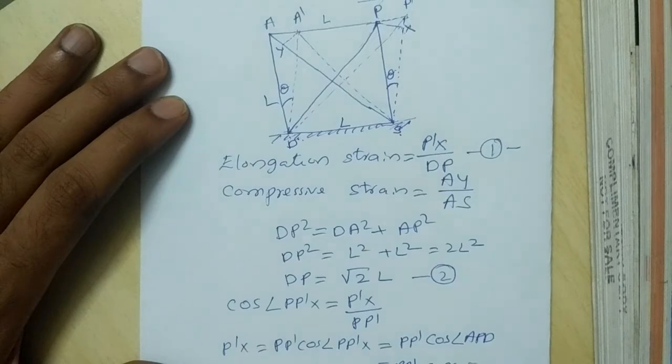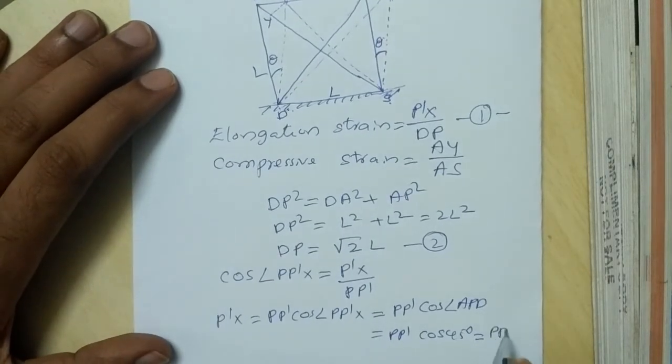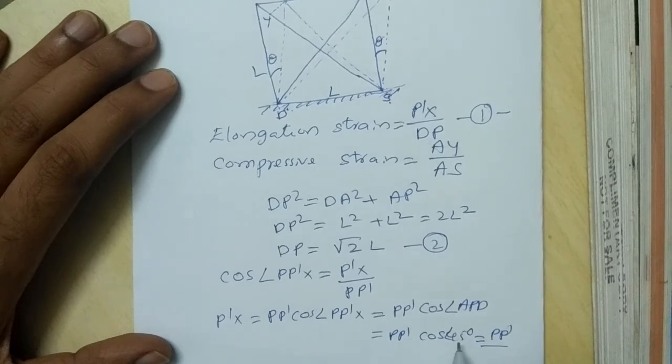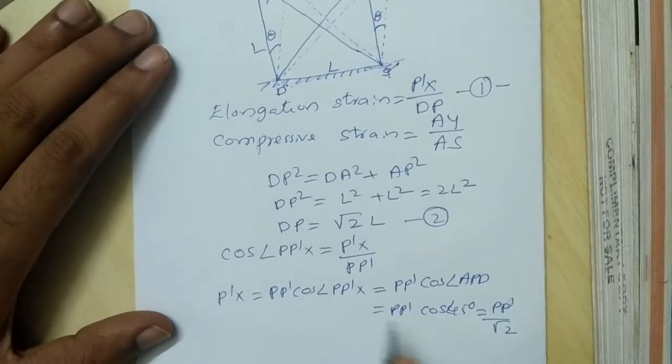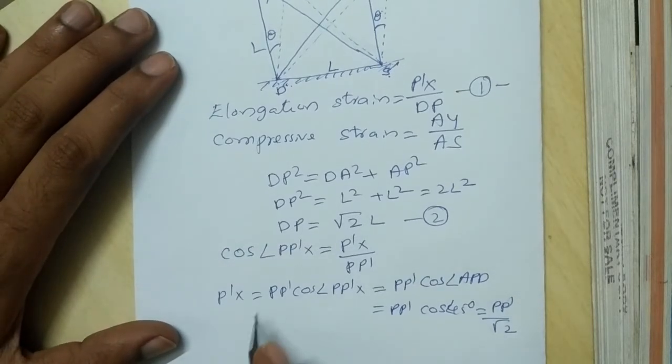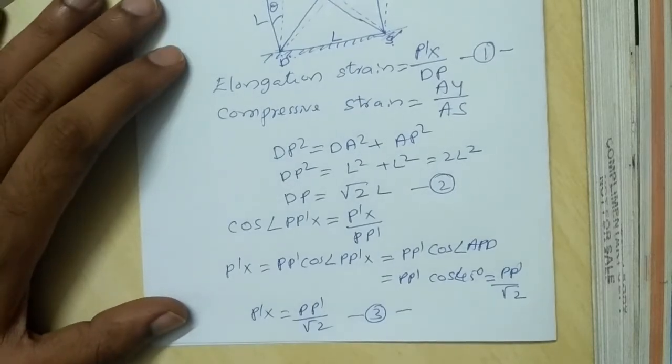So cos 45 degree is equal to 1 by root 2. So we have P dash X equal to PP dash divided by root 2. So this is equation number 3.